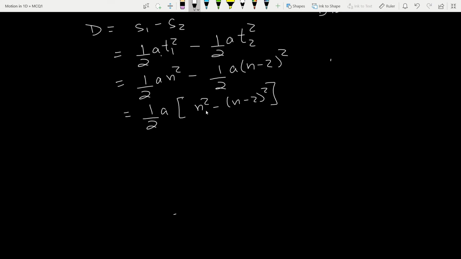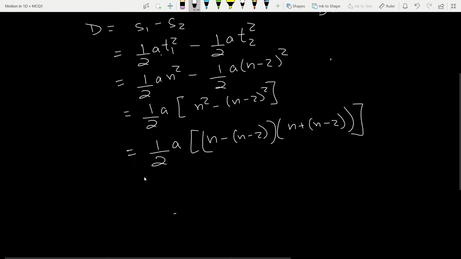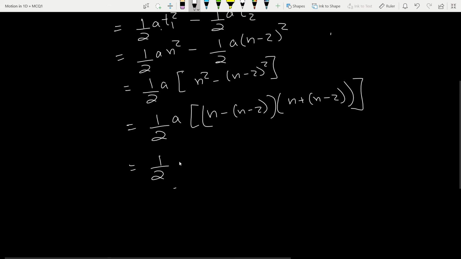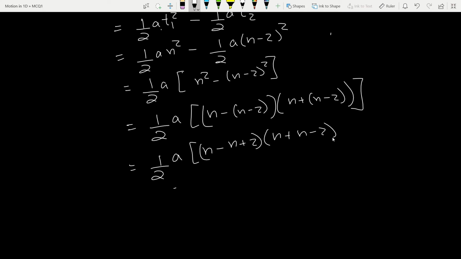We will use the formula a square minus b square is equal to a plus b times a minus b. Okay, half a times n minus n plus 2, multiplied by n plus n minus 2.